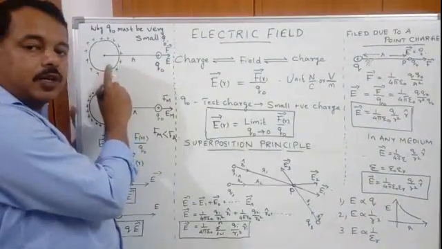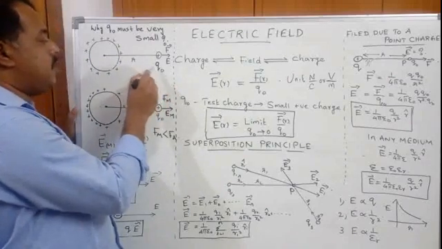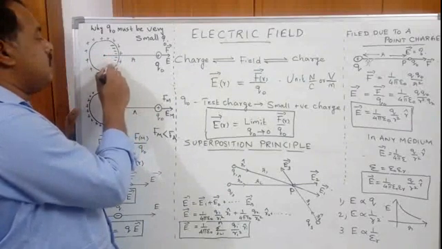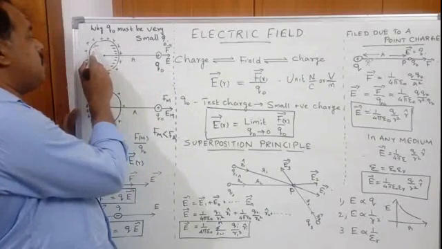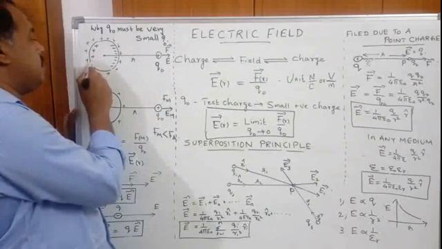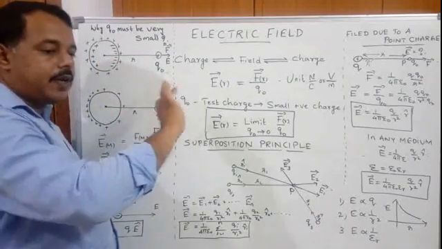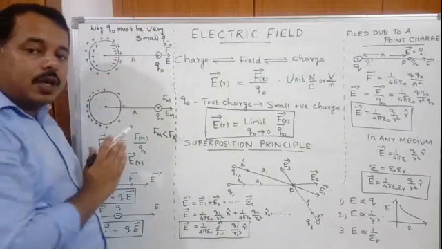Here is the electrostatic induction. Due to electrostatic induction, free electrons shift closer to this test charge, and positive charge shifts away from the test charge. The nearer end of the conductor acquires more free electrons and the farther end of the conductor acquires positive charge.